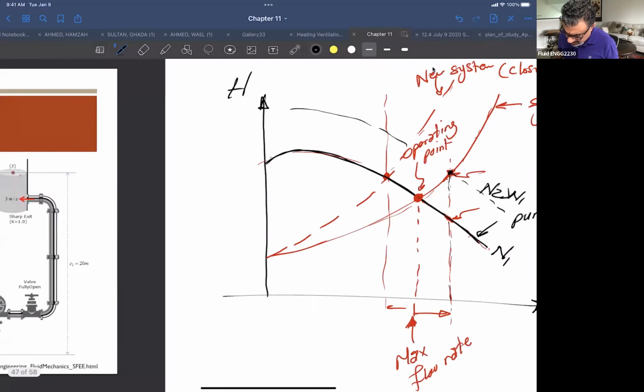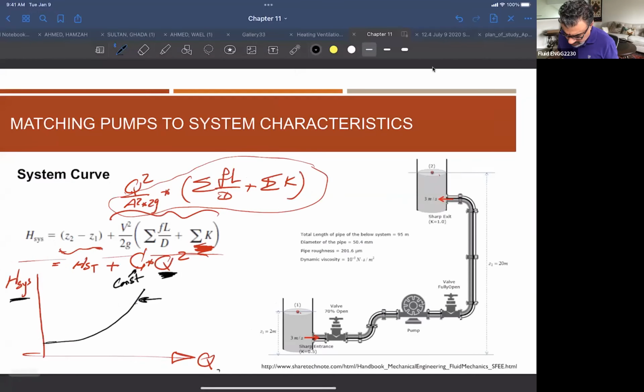And I mentioned that in order to develop this system curve, we get the potential difference between these two points, tank 1 and tank 2, or this is basically the energy, right? So the energy between point 1 and point 2, and it's always the delivery side, where the pump is delivering to.